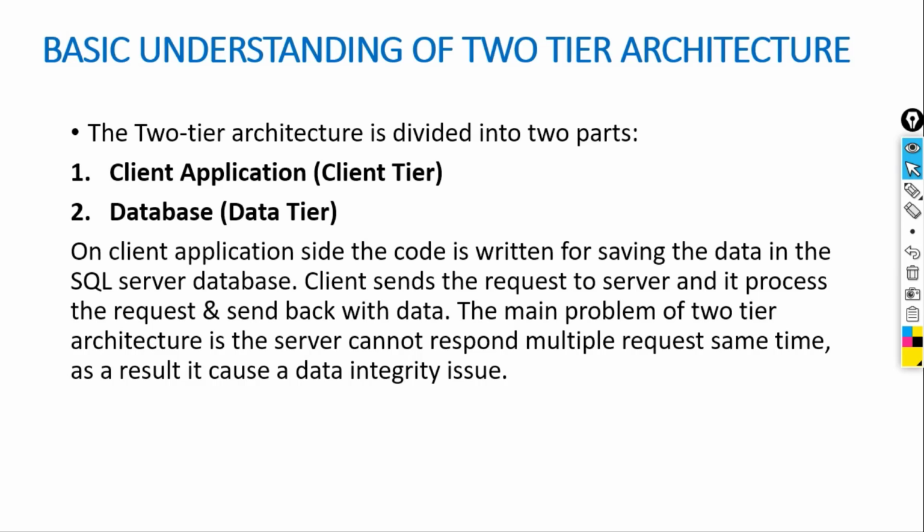On the client application side, the code is written for saving the data in the SQL Server database. The client sends the request to the server, which processes the request and sends back the data. The main problem of two-tier architecture is that the server cannot respond to multiple requests at the same time. As a result, it causes a data integrity issue.